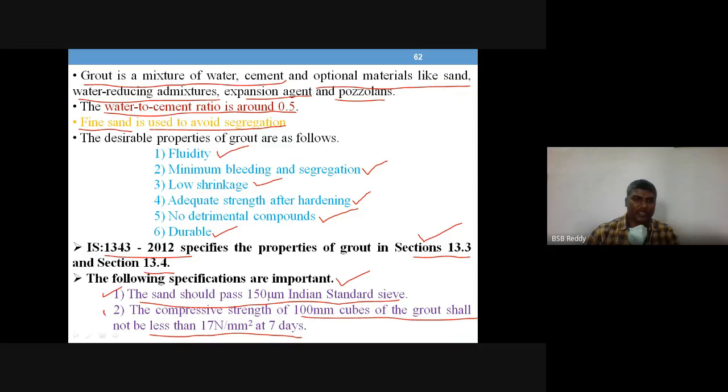These are the properties you desire the grout to possess. So a grout is a simple compound, a water and cement mixture, with optional materials like sand, water-reducing admixtures, expansion agents, or pozzolanas.